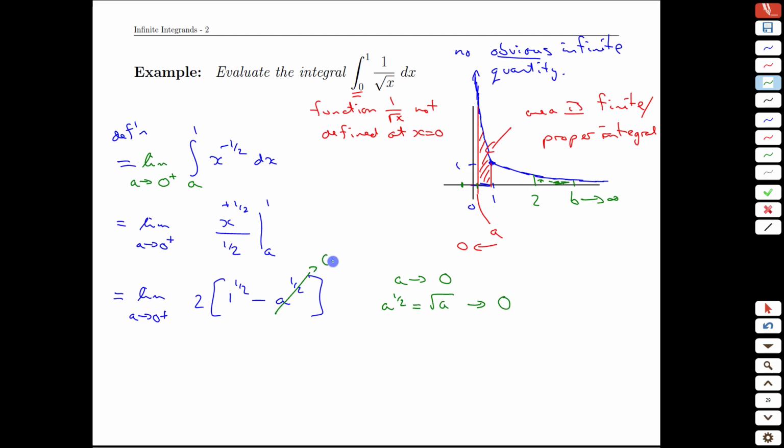That approaches 0 as well. So that term goes away, and we simply end up with 2. So this integral converges, and it converges to the finite value 2. Even though the integrand shoots off to infinity, the area underneath this curve on that interval can be represented as a finite value 2.